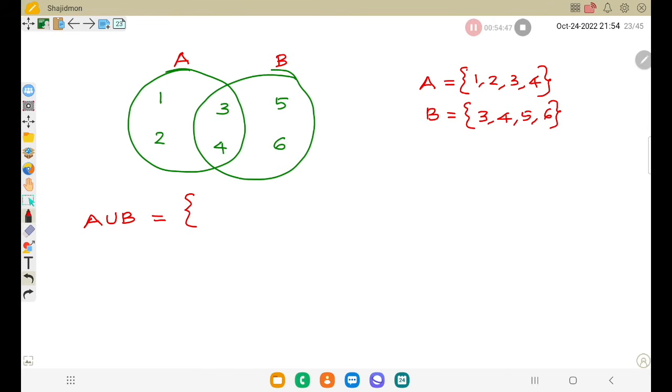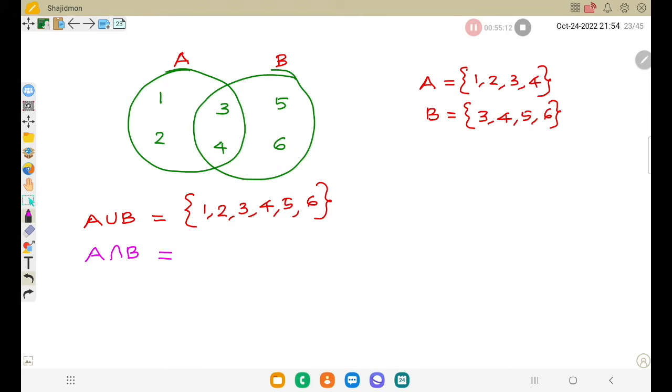Hope you understood. Now what is A union B? All the numbers together: 1, 2, 3, 4, 5 and 6. No need to repeat the numbers, write only one time. 3 comes 2 times, 4 comes 2 times, but no need to repeat, write one time. That is A union B. Now A intersection B. What is the meaning of A intersection B?